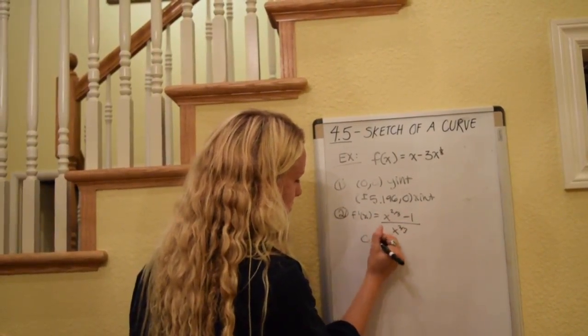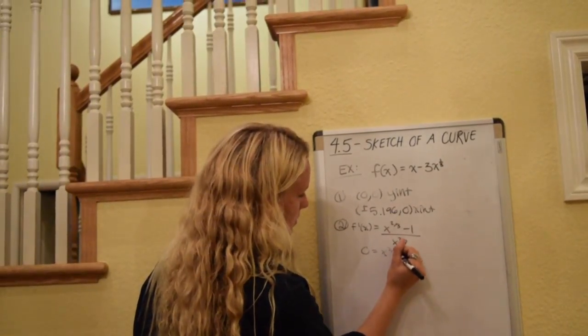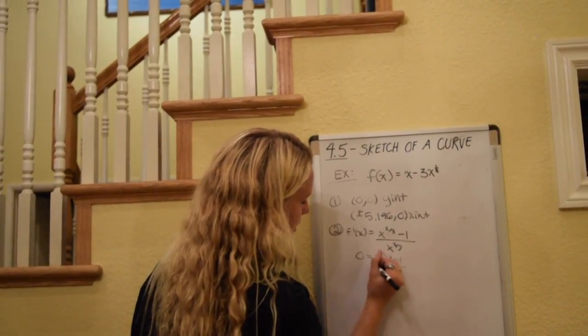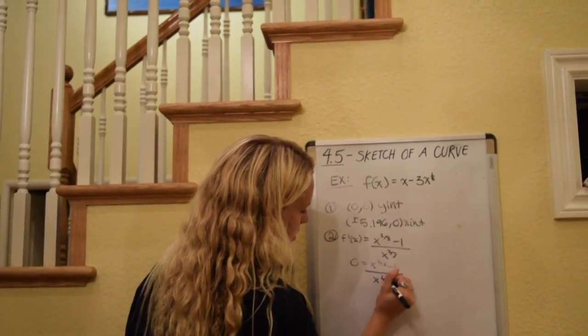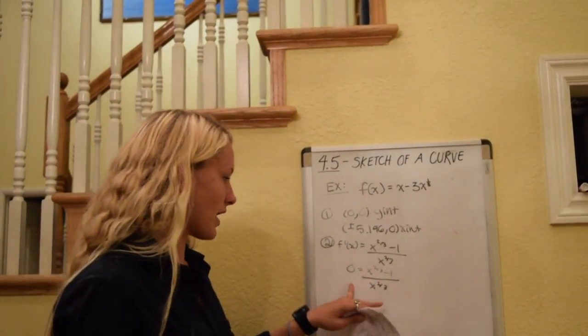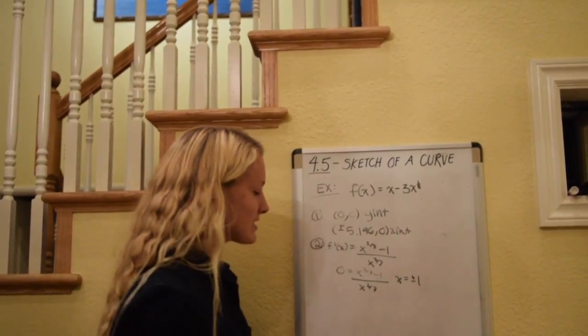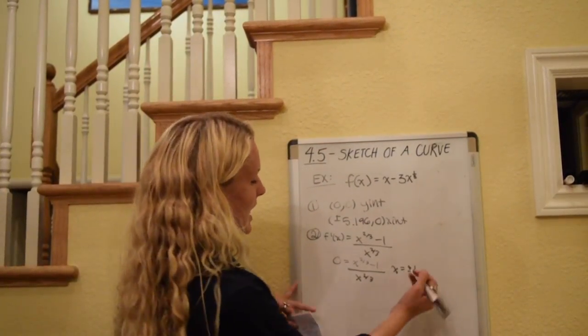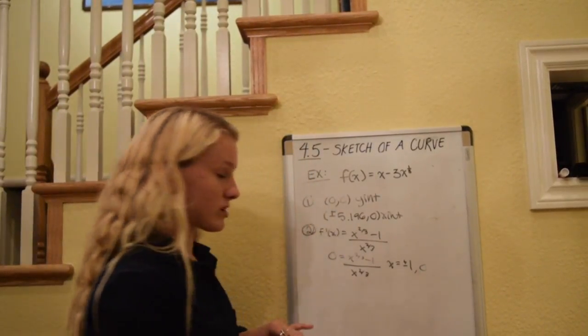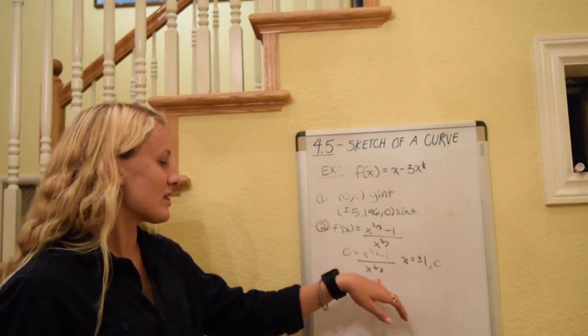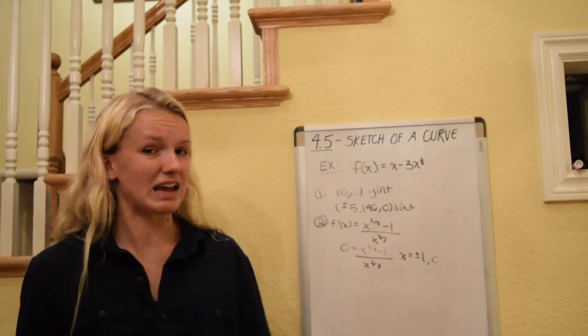So now we set that equal to 0 and solve, and we get x equals plus or minus 1 as the zeros, but we're also going to have 0 as one of the critical numbers, because if you have 0 here, this whole thing is undefined and we can't have that.